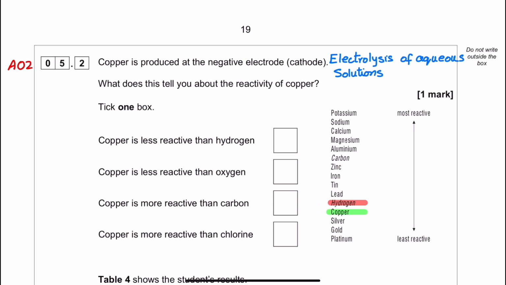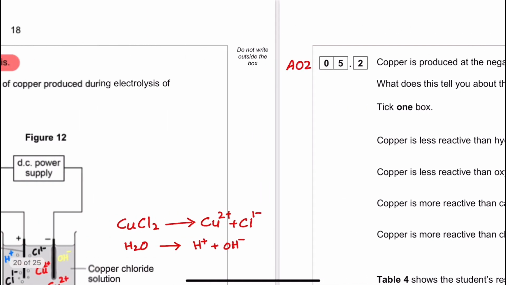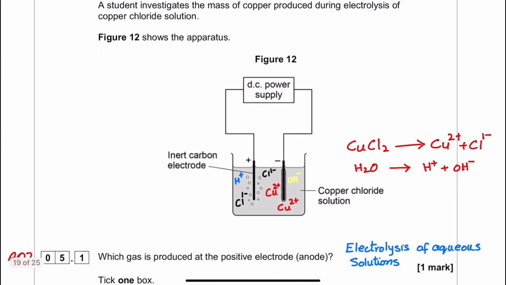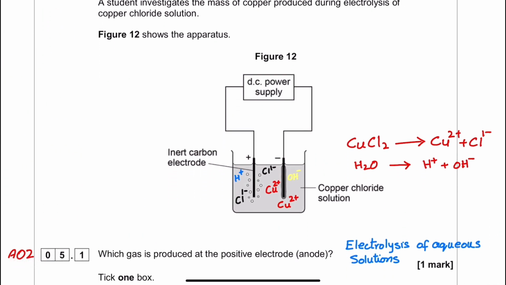The question comes here: why do we need to highlight hydrogen and copper? If you go back to my diagram, here copper has a positive charge and hydrogen has a positive charge. Both will move towards the negative electrode, which is called the cathode.